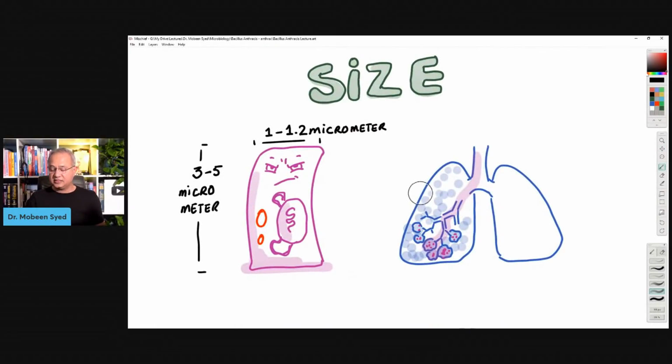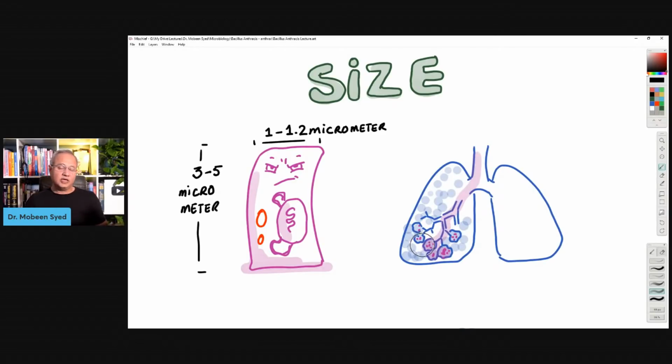Continuing, size. This is a very important thing. It is a rod shaped thing, 3 to 5 micrometer long, and 1 to 1.2 micrometer wide. Why is this important? This is small enough that it can allow the Bacillus anthracis to go all the way to the alveoli.